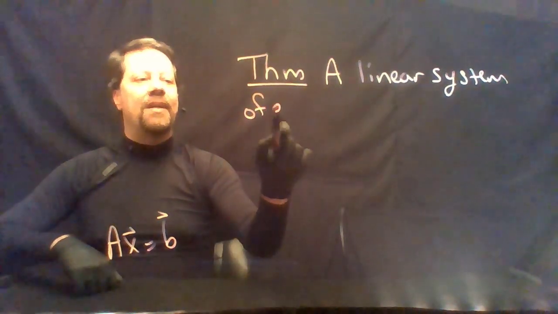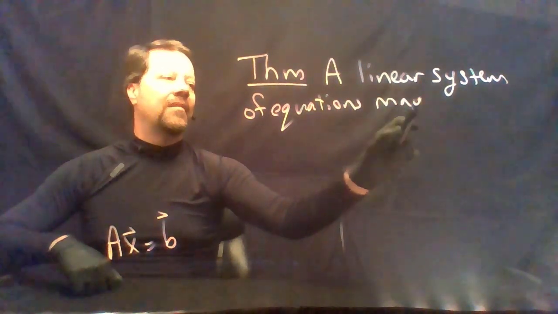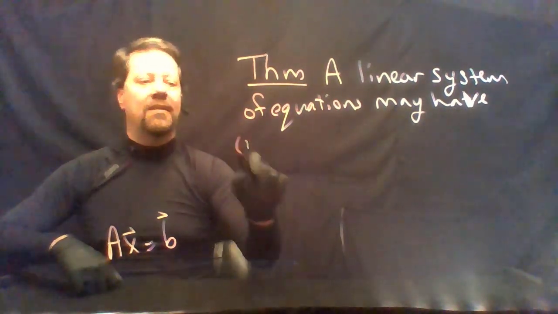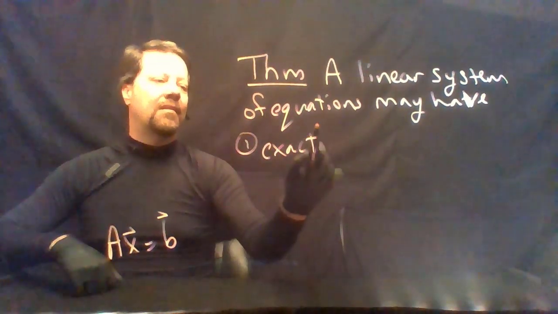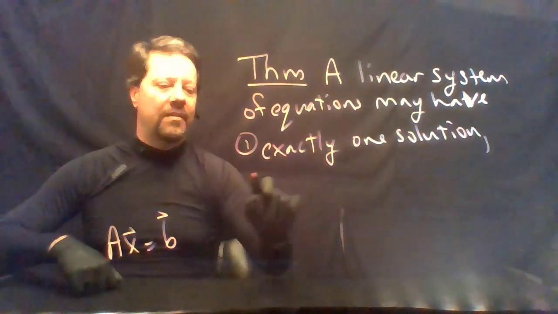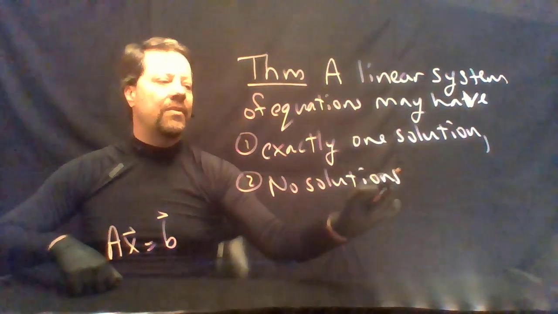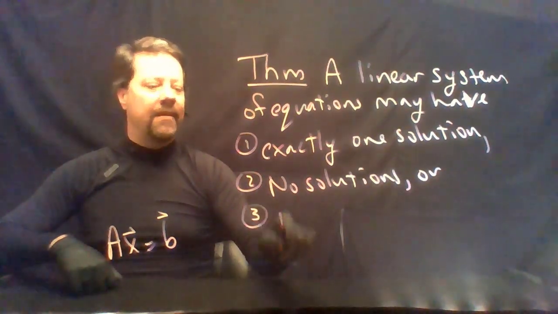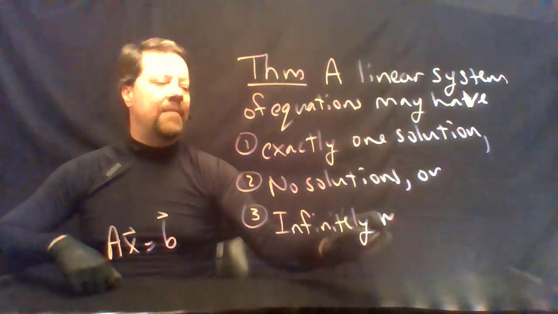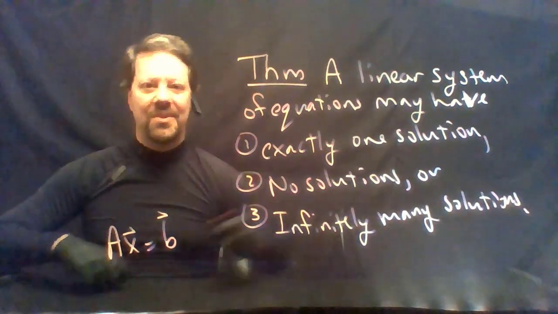A linear system of equations may have 1, exactly one solution, 2, no solutions, or 3, infinitely many solutions.